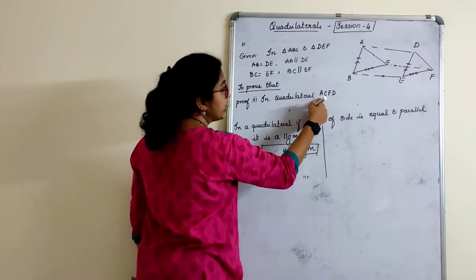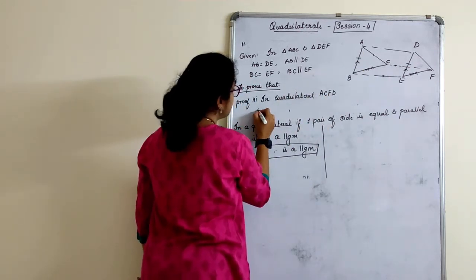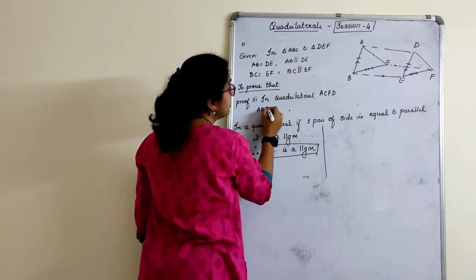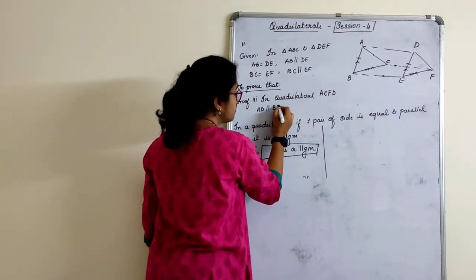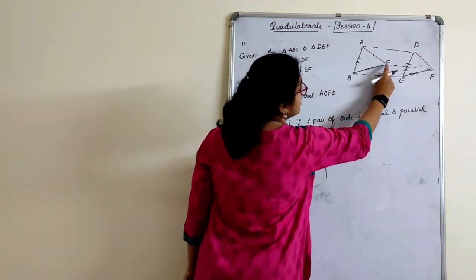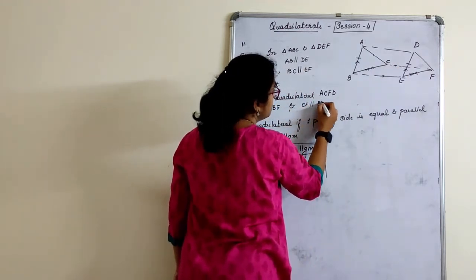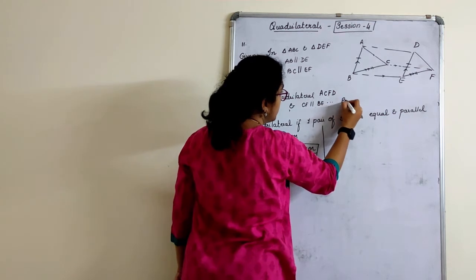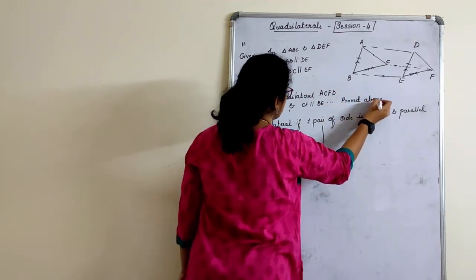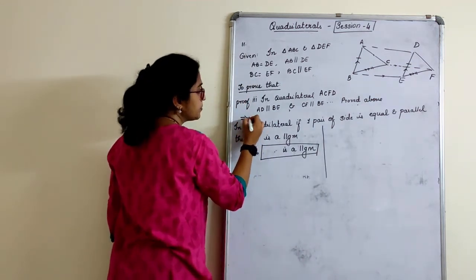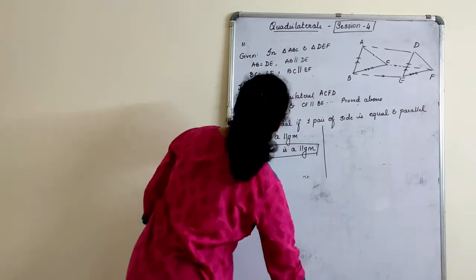So in quadrilateral ACFD, I will first write AD is parallel to BE and CF is parallel to BE. Reason: proved above.